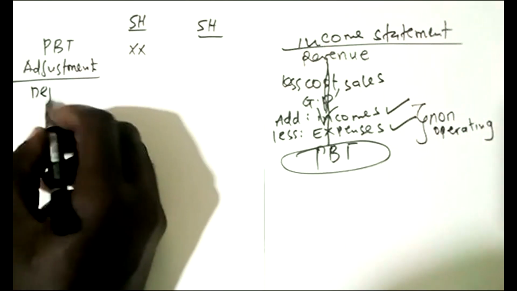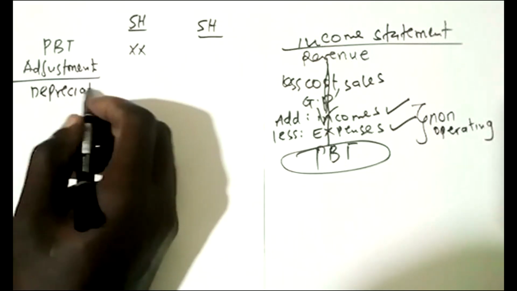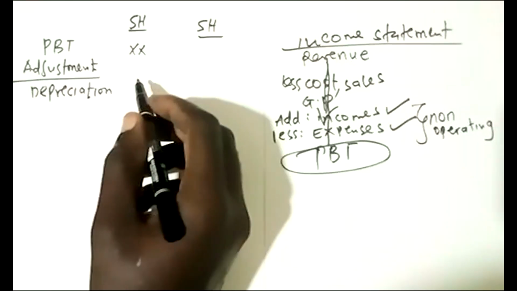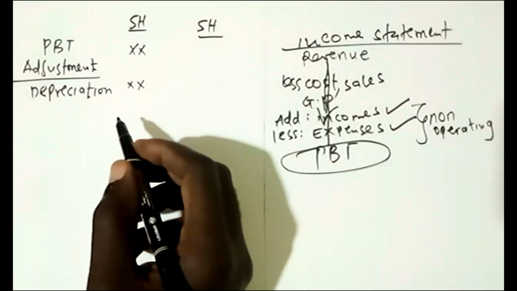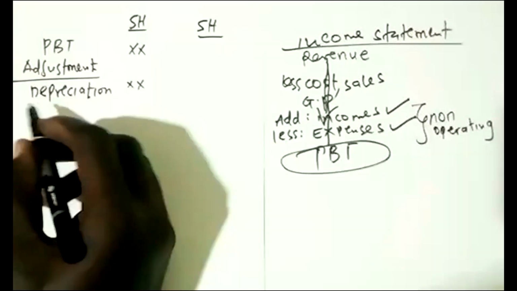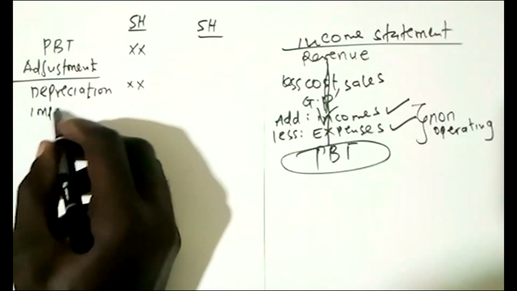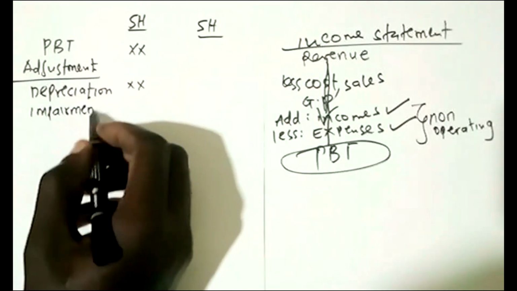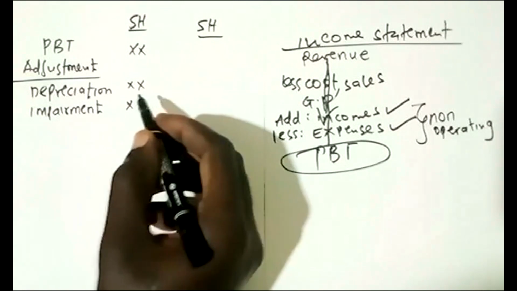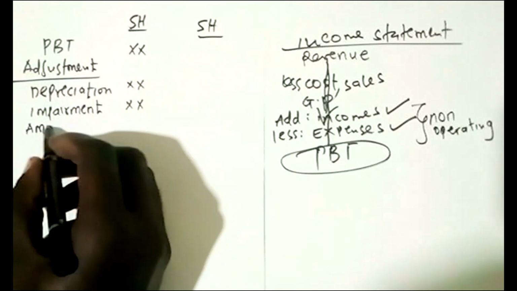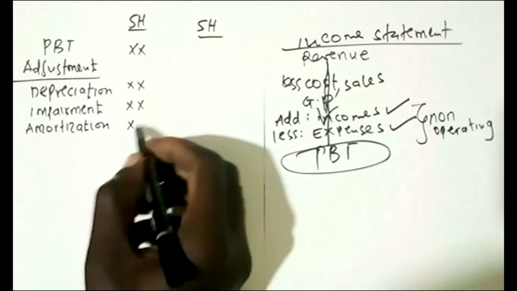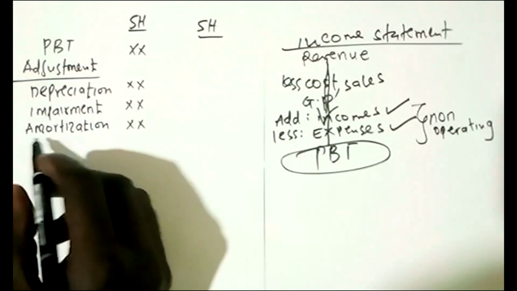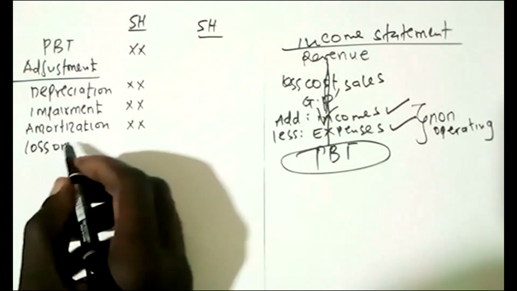Which are these expenses? We have depreciation. Depreciation is even a non-cash outflow. So that one you add back because it was an expense that was deducted. Impairment, you add back. We have amortization. We have loss on disposal.